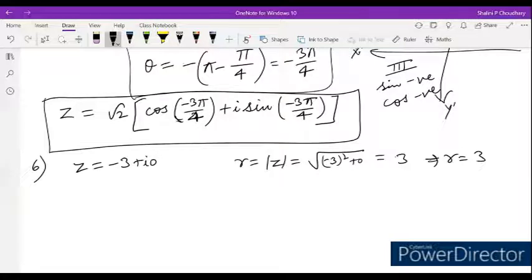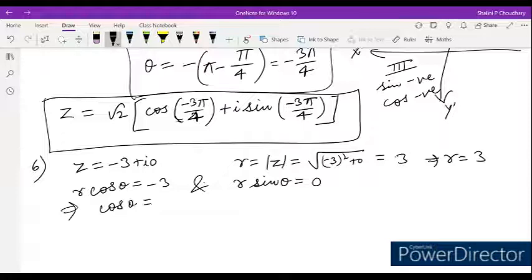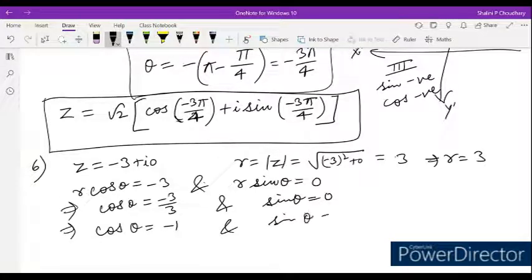r cos theta will be equal to -3, and r sin theta will be equal to 0. It means cos theta will be equal to -3 upon 3 and sin theta will be equal to 0. So cos theta will be equal to -1 and sin theta will be equal to 0.